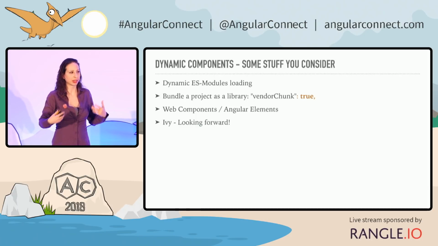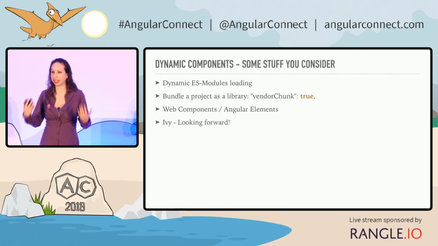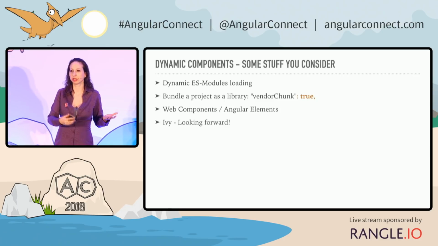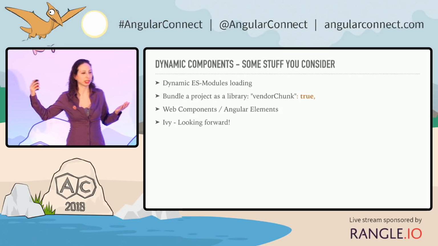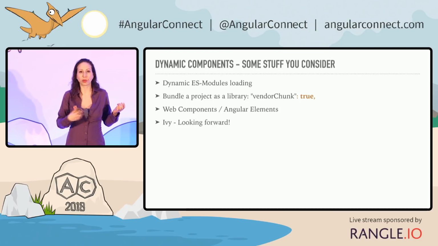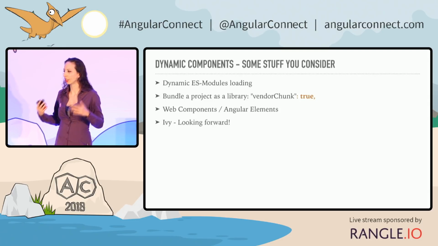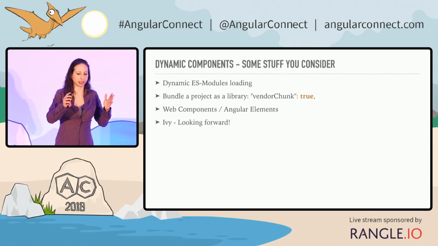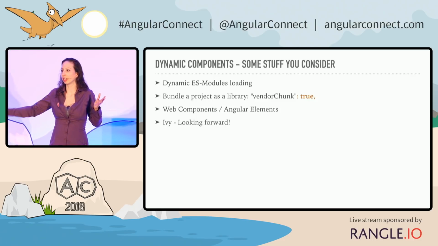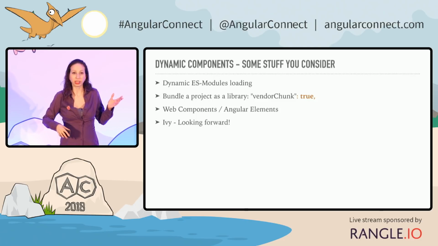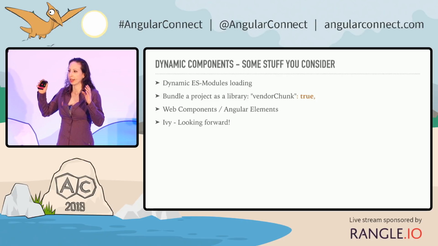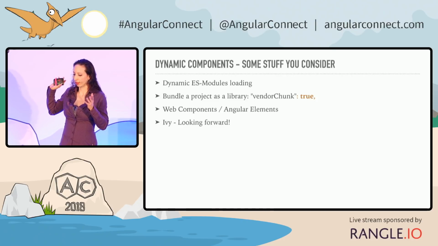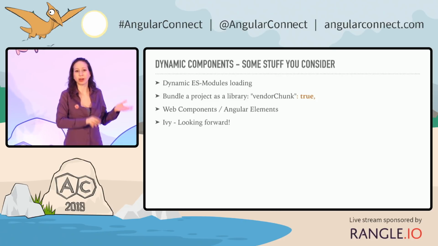The next step that we're going to have that will be safer to use dynamic components, to use others' components, is with web components. So you should check out how you're going to do that if you want to allow, for example, components written in different frameworks or even in different versions of Angular.